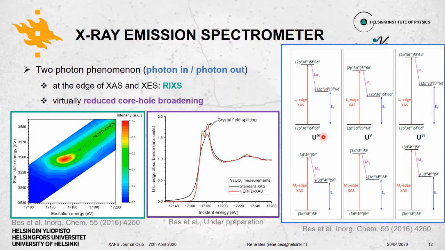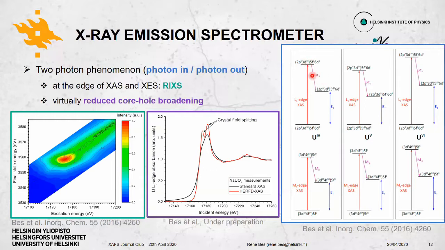On the right side, I put this in the sense that what we are going to observe using this method is a first transition of the system from the ground state to an excited state with one hole in the 2p electrons.